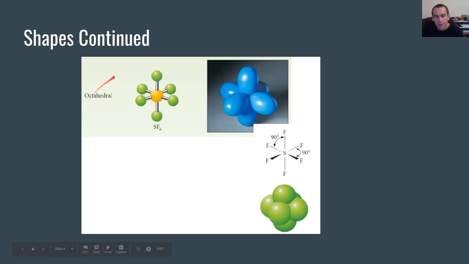And then we have octahedral, where we have these 4 that are in the equatorial plane, and then one above, one below. And if you draw a line from each electron group to each top or bottom, you'll get 4 triangles on top, 4 triangles on bottom, for a total of 8 triangular faces for this octahedral shape.